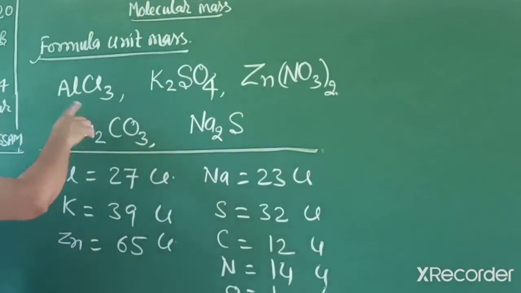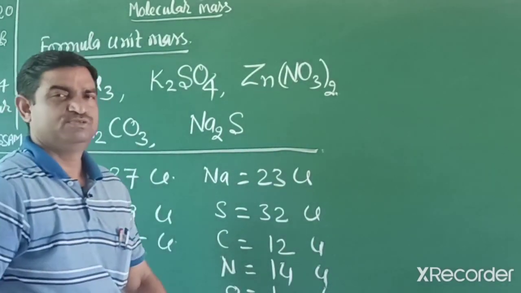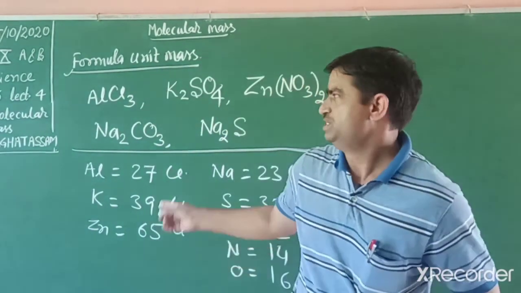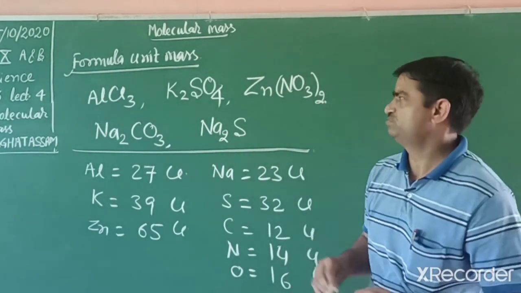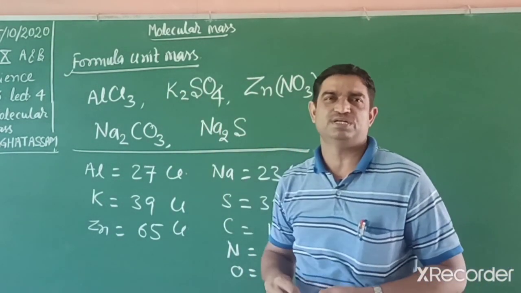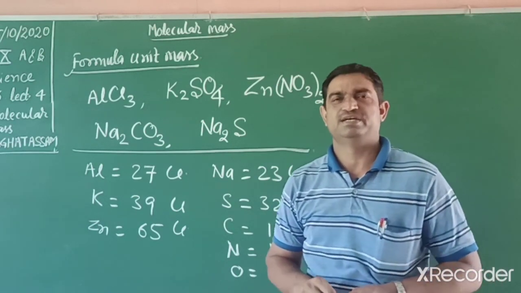So by adding, the total sum you can find these formula unit masses, because all these compounds have ions, cation and anions.